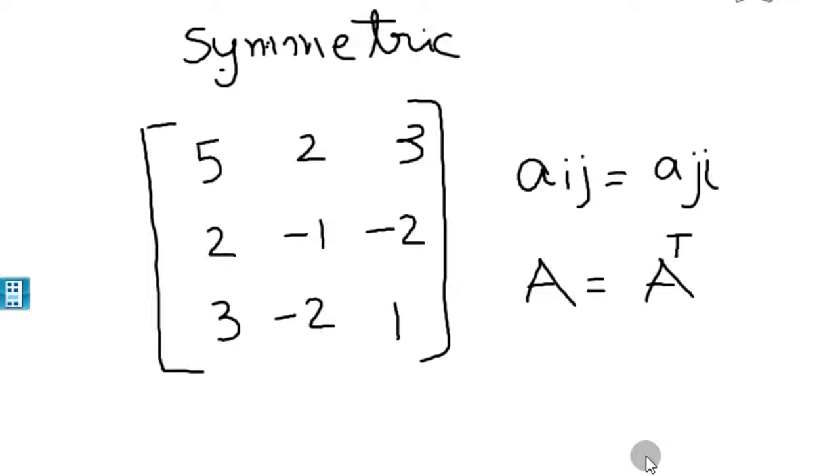A square matrix is said to be symmetric if for all its elements Aij equal to Aji. That means the first row, second column must be equal to second row, first column, and so on. Or in other words, the matrix is equal to its transpose.